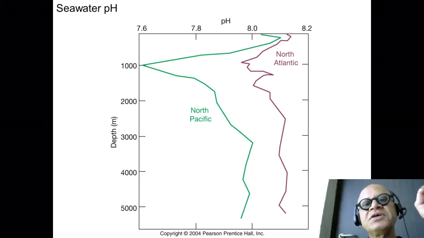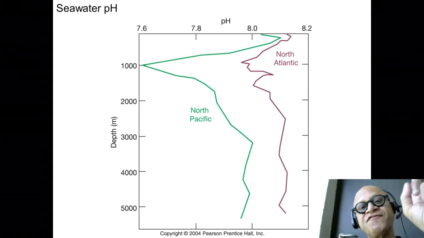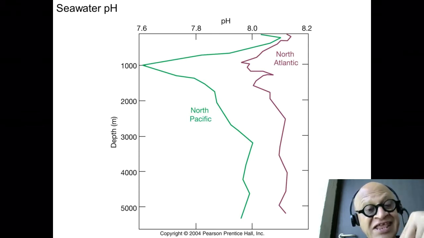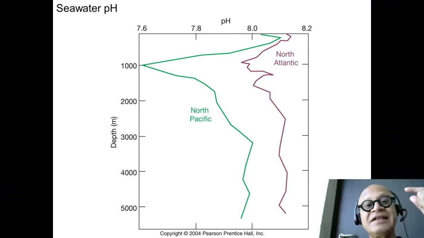This should now be somewhat easier, because you can combine your knowledge of the CO2 profile, the buffering reactions, buffering ability, and the movement of the carbonate and bicarbonate ions and calcium carbonate rain, calcite rain, and how much makes it to the bottom, etc., with the pH profiles.